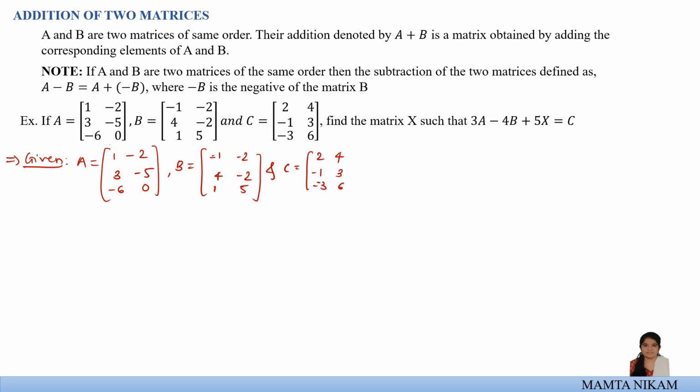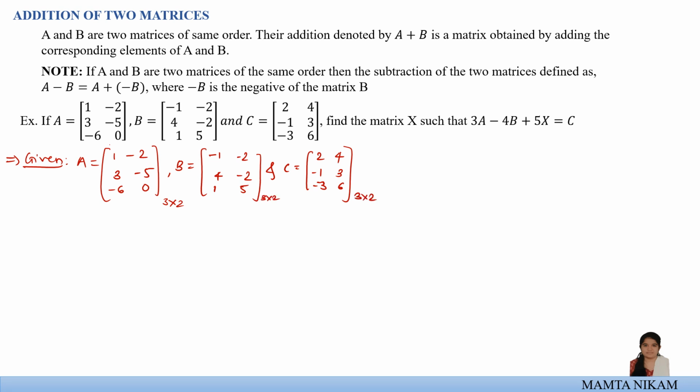Now remember one thing, whenever we are performing addition or subtraction, the order of the matrices is always the same. We cannot add or subtract two matrices of different order. Addition can be done only if they have the same order. Here all three matrices have the same order, that is 3 rows 2 columns, right?